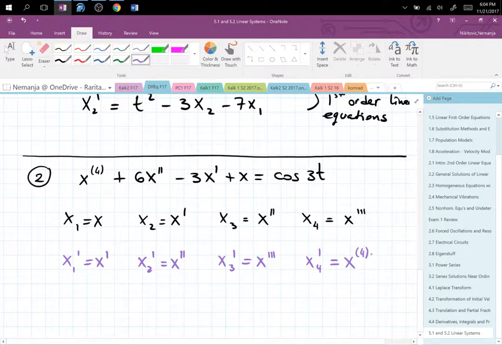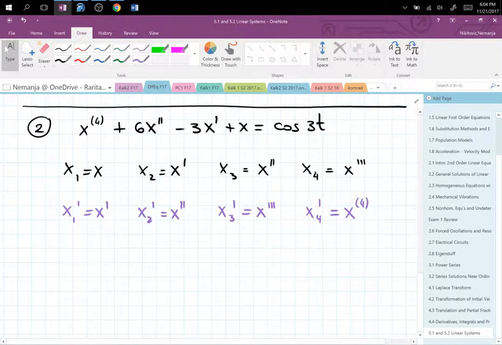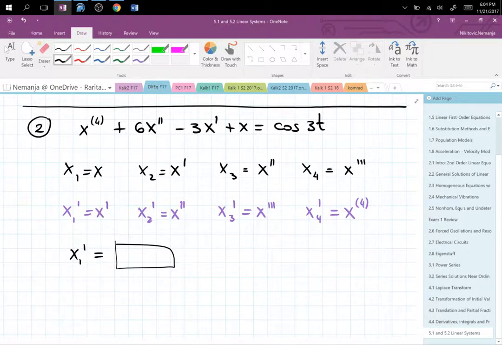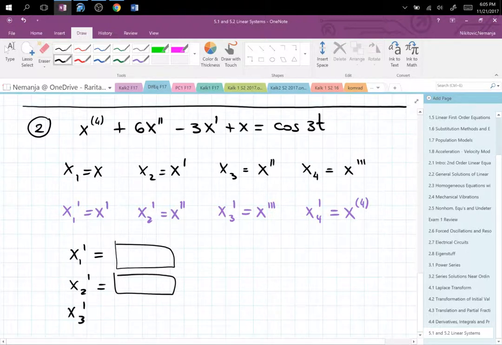And now you know that you have to create the system where x1 prime is equal to whatever you get, but only in terms of x1, x2, x3, x4. You are not allowed to use any single x's. Ever. And then x2 prime needs to be, again, some expression in terms of x1, x2, x3, x4. x3 prime, same.